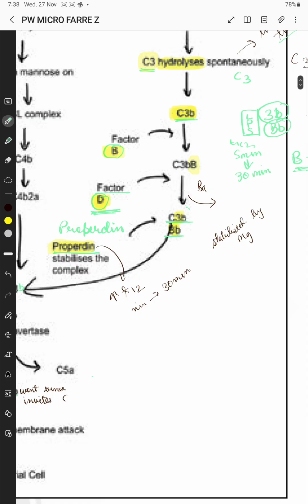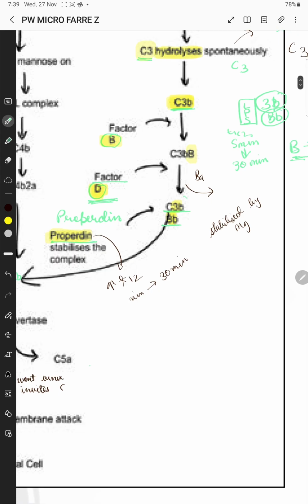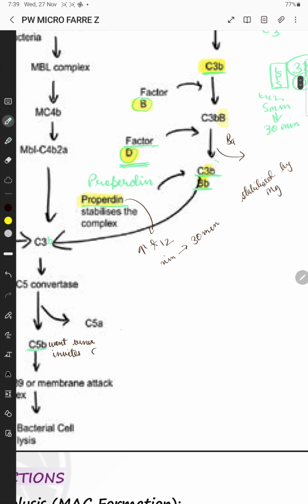C3 will be broken into C3A and C3B. C3B will bind to the antigen, and in the presence of factor D, factor B will split into BA and BB. BB will join the complex. The complex is stabilized by properdin.